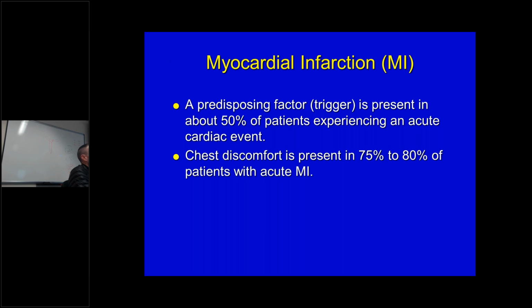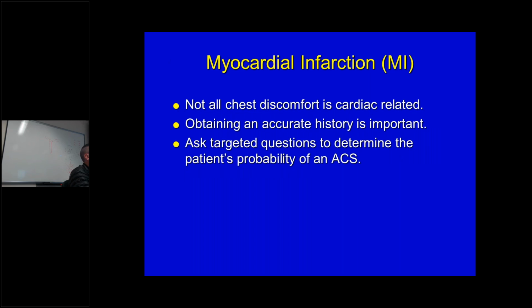So there's a trigger for about half of patients, which is kind of a scary thought because that means in half of patients there's no trigger. It just happens, right? Chest discomfort or chest pain is there in most patients, 75 to 80%. Of course, not all chest pain is heart attack.